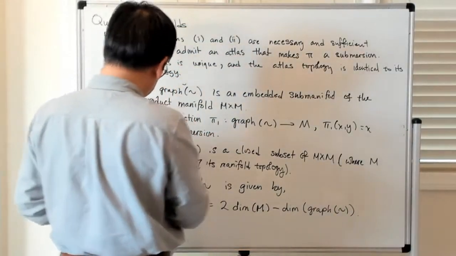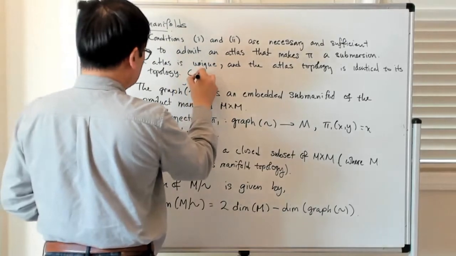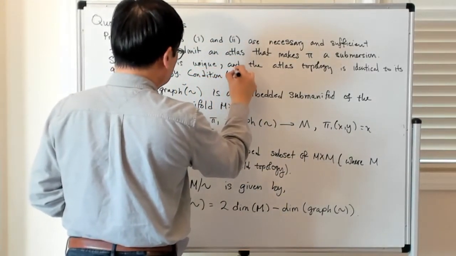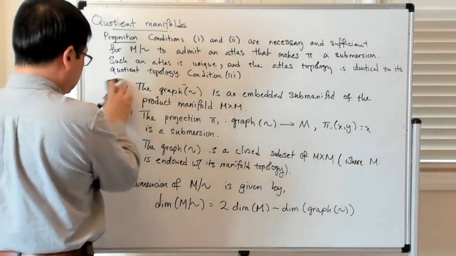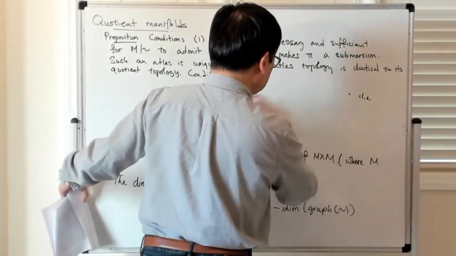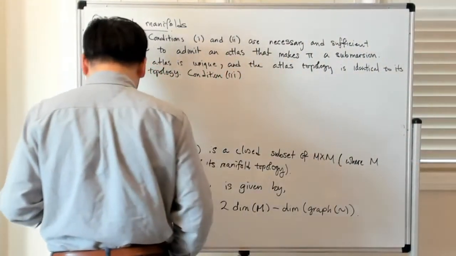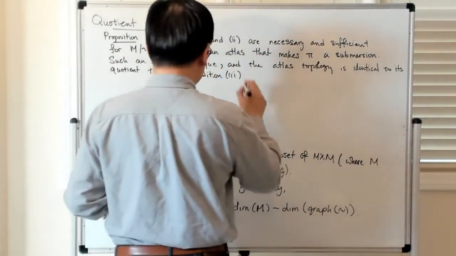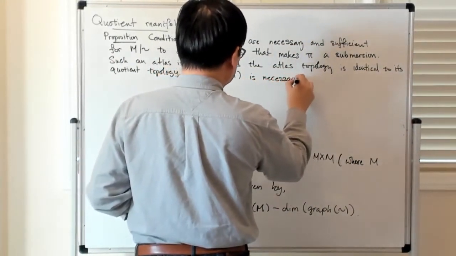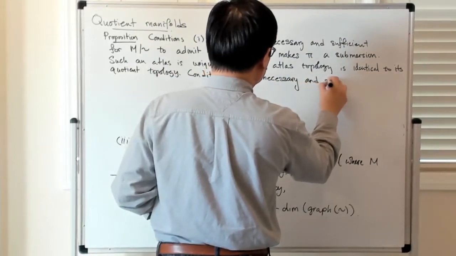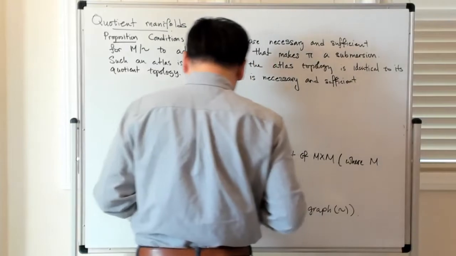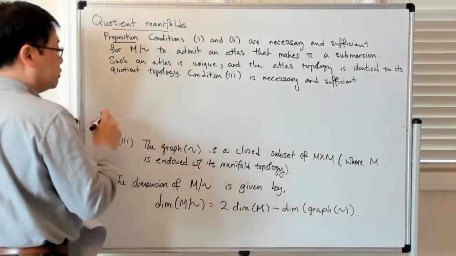Okay, then the third condition is necessary and sufficient for the quotient topology to be Hausdorff.